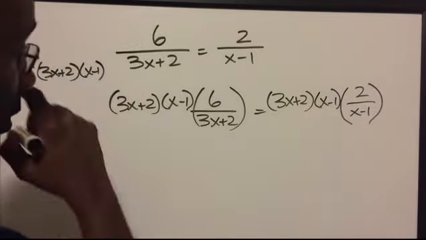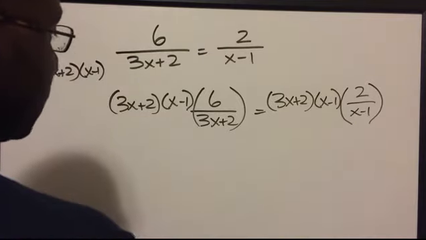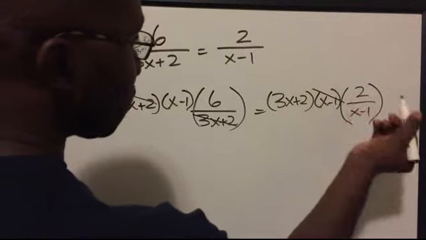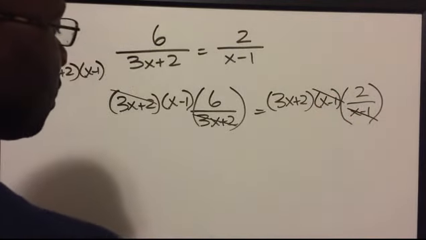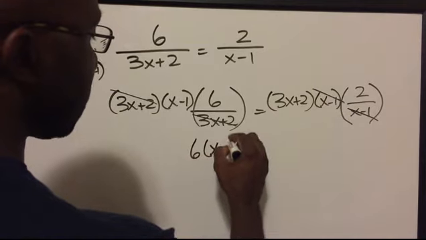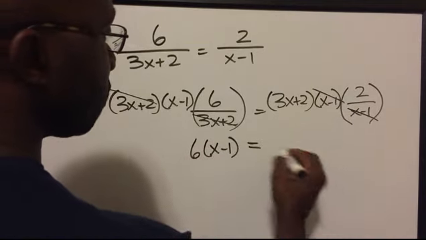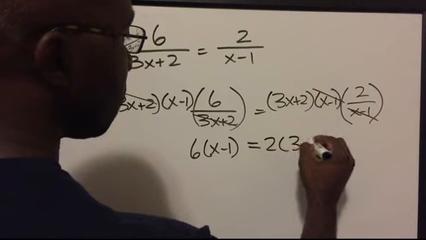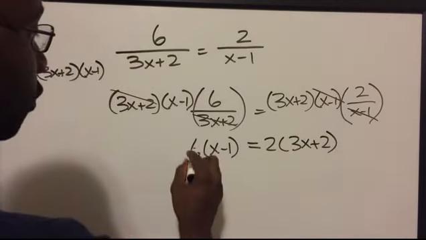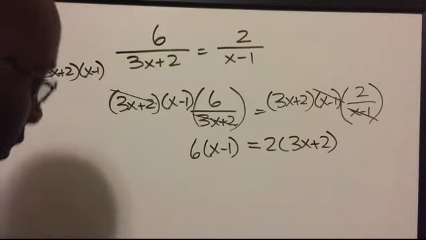So the first thing we know here is that we can cancel some things out. So let's go ahead and cancel this out and this out. Then x minus 1 out here, x minus 1 there. So then we have 6 times x minus 1 is equal to 2 times 3x plus 2. Then we can distribute this 6 throughout this parenthesis here.